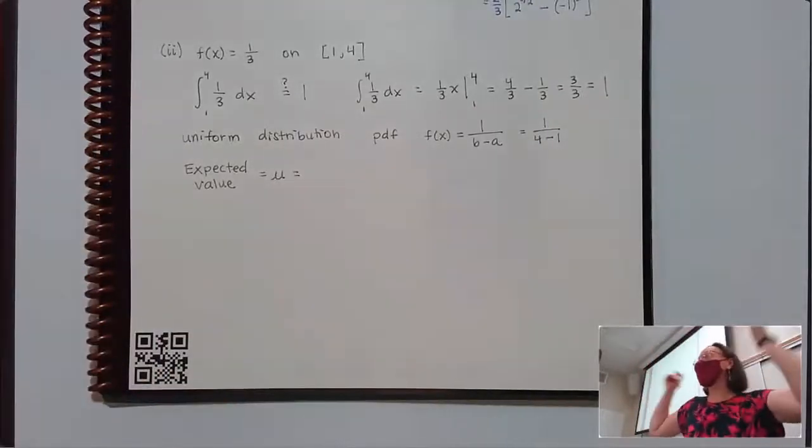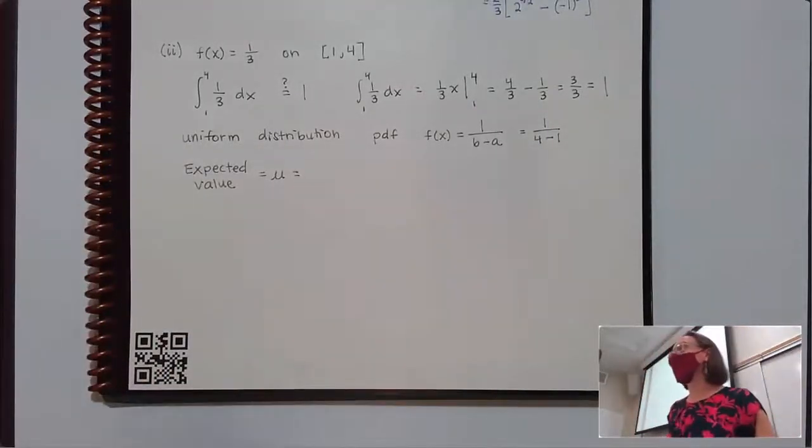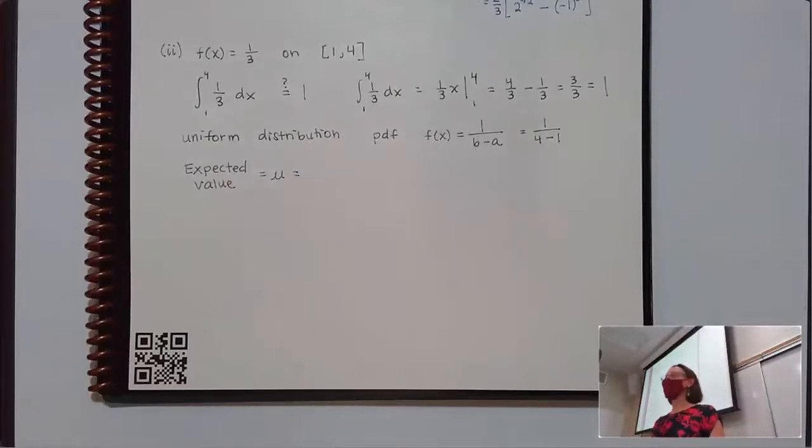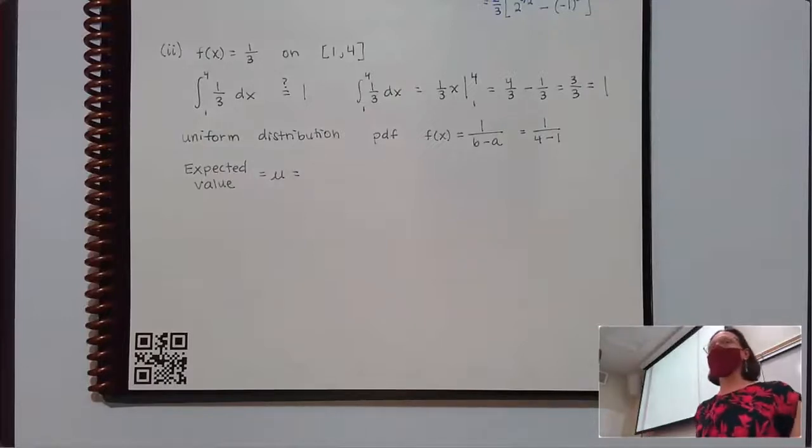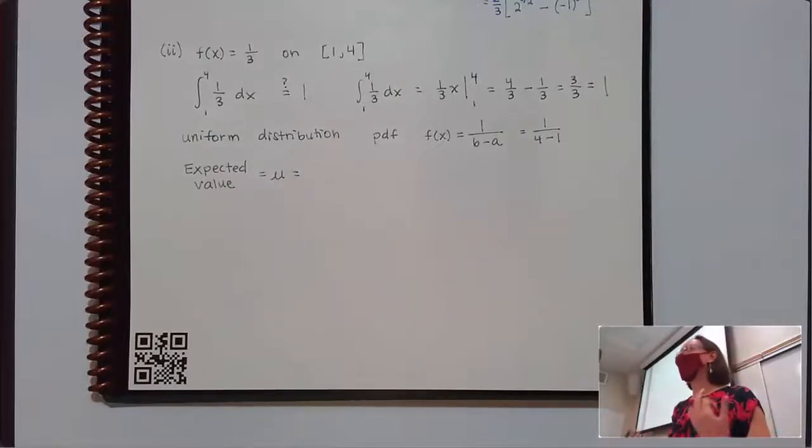Well, if you're not sure, guess what? We can integrate it to figure it out. So in terms of those special continuous distributions, only the normal distribution can we not integrate. For both the uniform distribution and the exponential, if you don't want to memorize more stuff, you don't have to. The integrals are pretty straightforward.